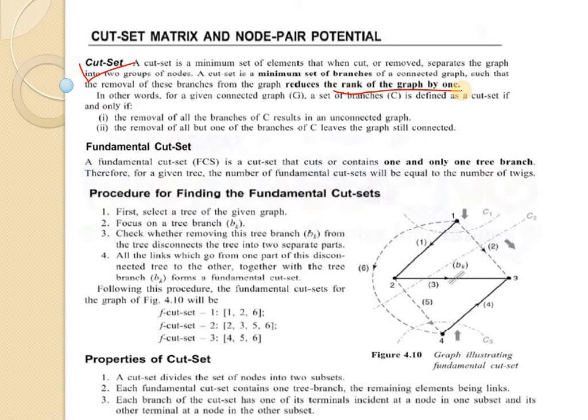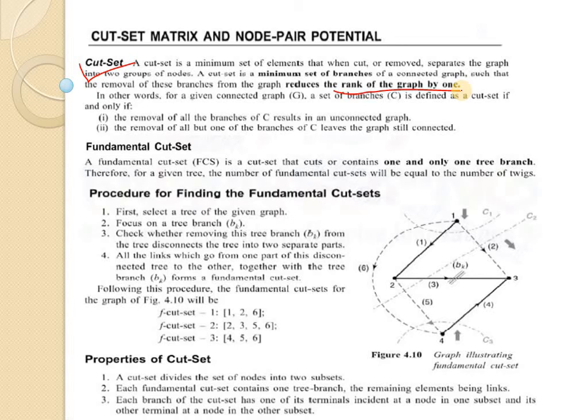So it is basically a minimum set of elements that, when cut or removed, separates the graph into two groups of nodes. Then it is called a cut-set. That means we will remove particular branches between two separate nodes, which will ultimately reduce the rank of the graph by 1.